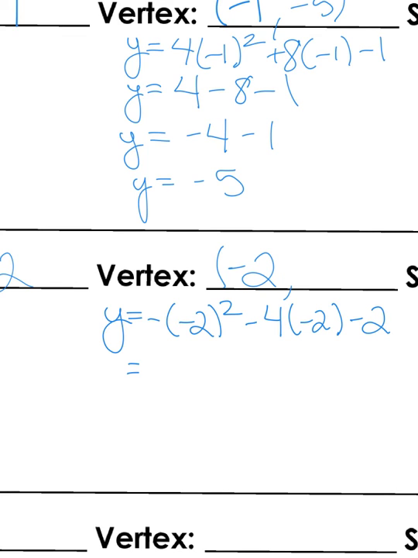Remember I said you have to do the parentheses. -2 times -2 is a +4. Then it becomes a -4 because you're technically multiplying by that -1. Then -4 times -2 is +8, minus 2. So -4 plus 8 becomes a +4. +4 minus 2 is a 2. So my vertex is going to be at (-2, 2).